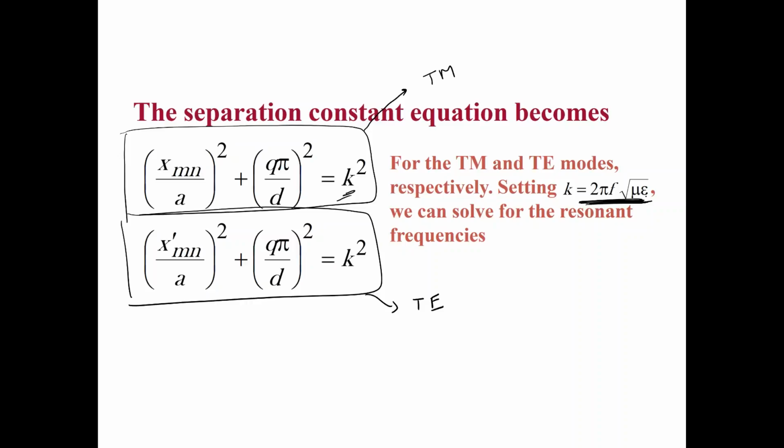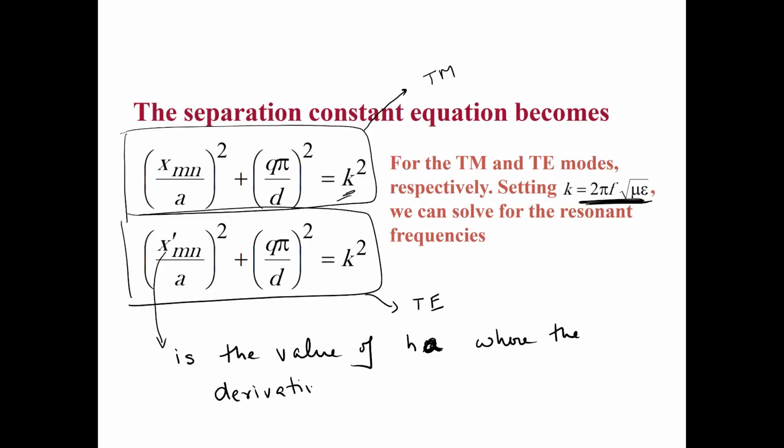Again, we have seen this many times now. Again, remember this x prime mn is the value of ha, a being the radius, where the derivative of the Bessel function J is 0.